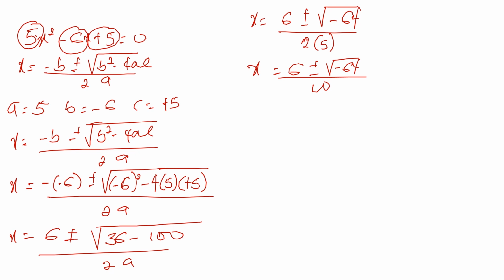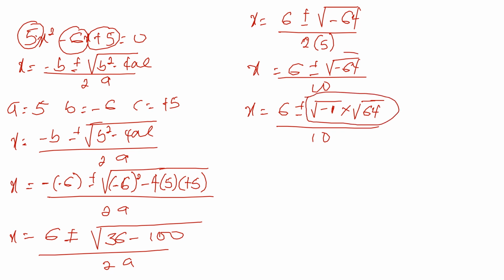In order for us to solve this complicated problem, Euler came up with something: if we have the square root of negative numbers, then we can simply express it as 6 plus or minus square root of minus 1 multiplied by square root of 64. And if you are conversant with surds, this expression is the same thing as this one.